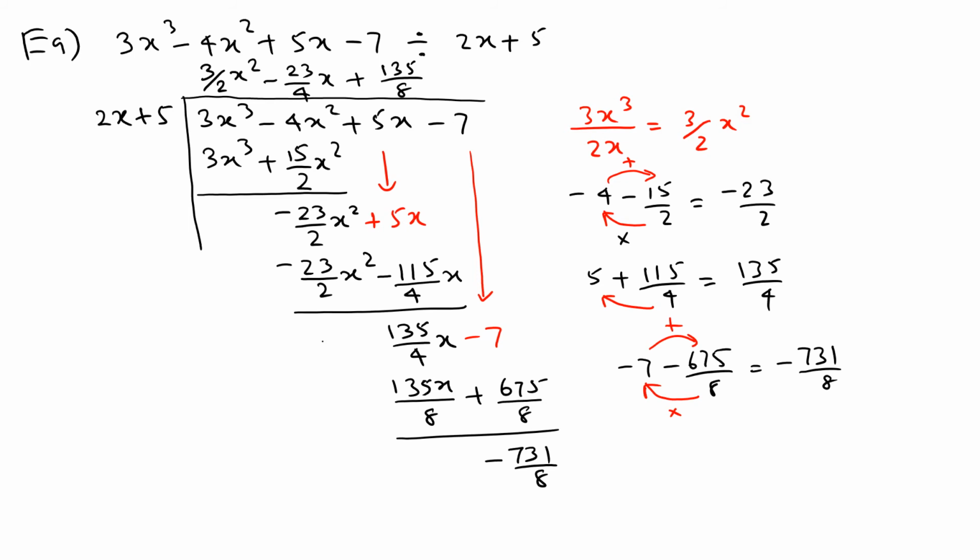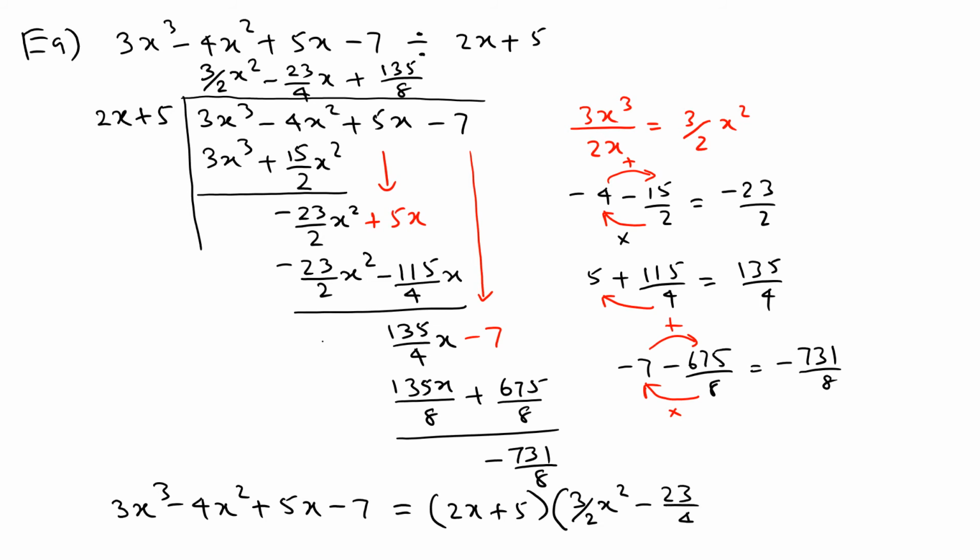So that means if you divide 3x cubed minus 4x squared plus 5x minus 7 by 2x plus 5, the quotient is 3 halves x squared minus 23 over 4 x plus 135 over 8, minus 731 over 8.